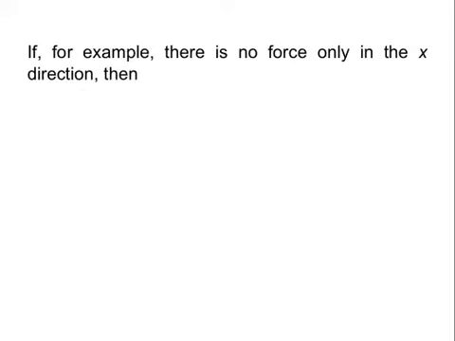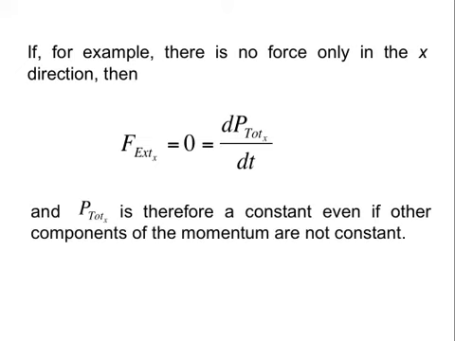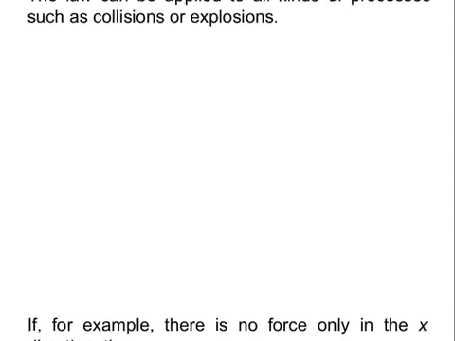If, for example, there is no force only in the x direction, then F external x component equals zero, equals the time derivative of the x component of the total momentum. And P total sub x is therefore a constant, even if other components of the momentum are not constant.